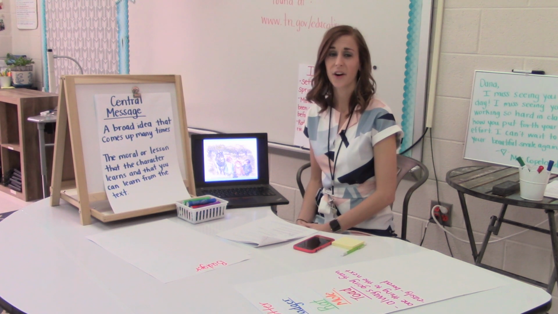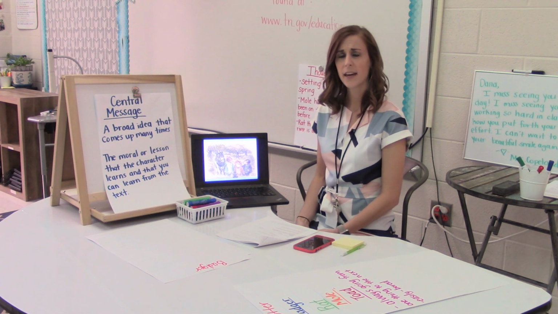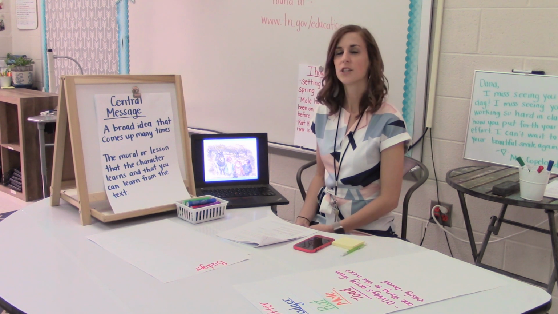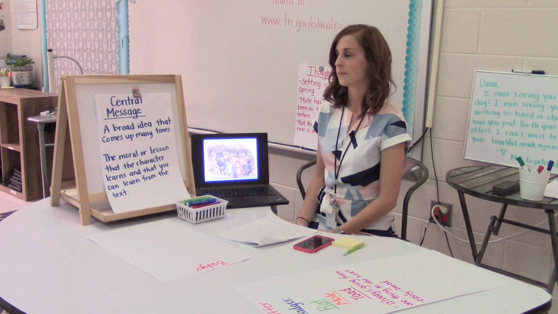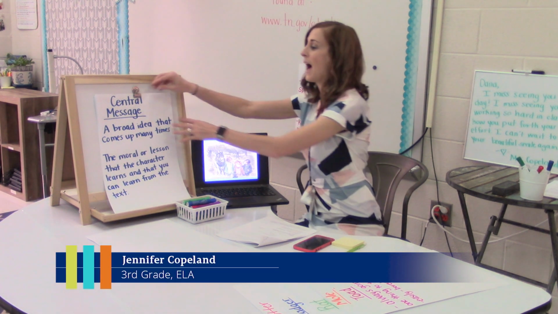Let's think together. What central messages did you hear in today's read aloud? And how did the characters demonstrate the central message? Take a minute to jot your ideas down on paper. Here are ones that I thought about.